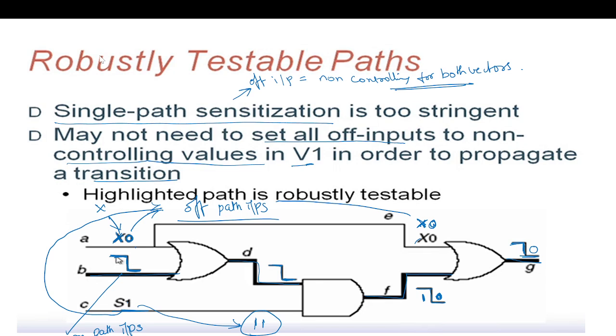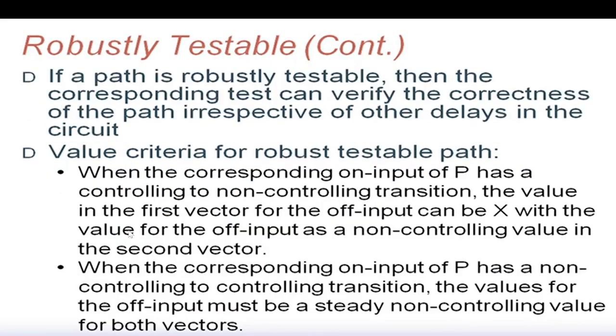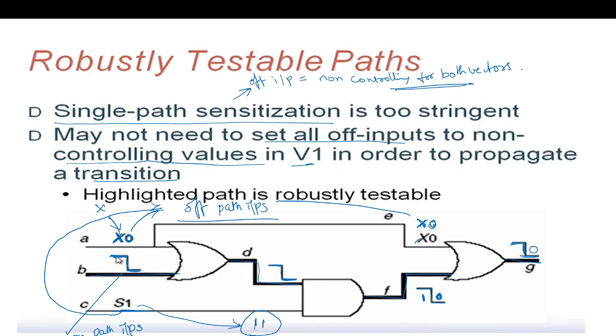So here we have just said that this value is going to control, so we can have a don't care. We will just write them as statements. If a path is robustly testable, then the corresponding test can verify the correctness of the path, irrespective of the other delays in the circuit. So in path delay testing we have two types, robustly testable and non-robustly testable.